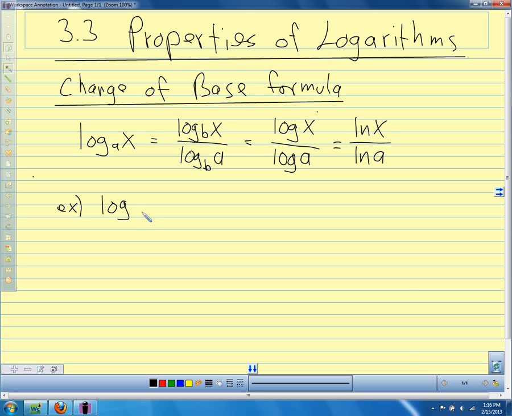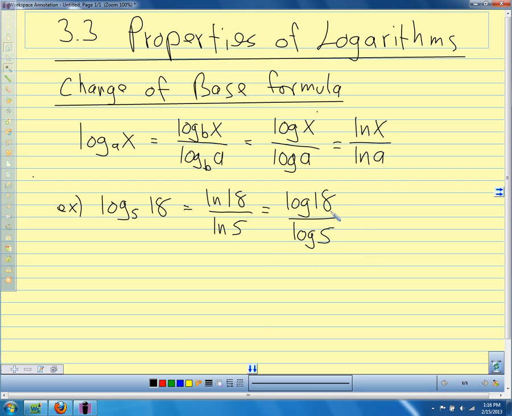So let's say we want to calculate log base 5 of 18. So we want to get a number for log base 5 of 18. We can't plug that into our calculator because our calculator doesn't do log base 5. So we're going to say this is the natural log of 18 over the natural log of 5. Or we can do it either way. We could do the log base 10 of 18 over the log base 10 of 5.